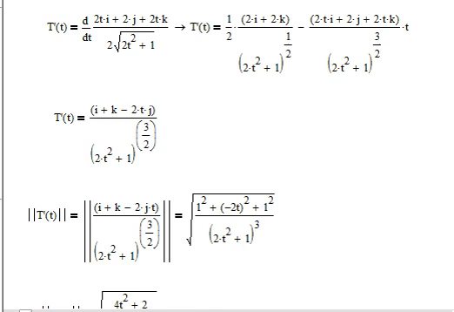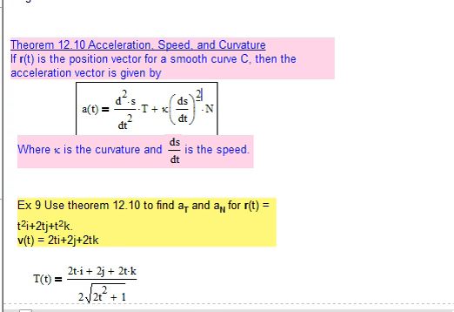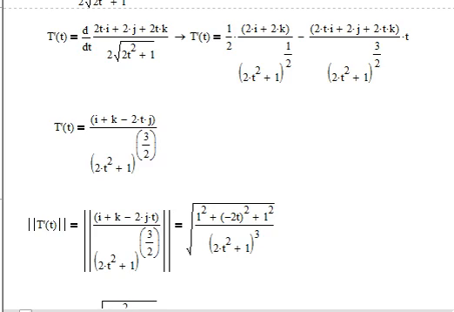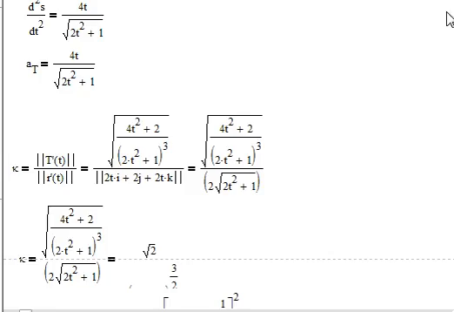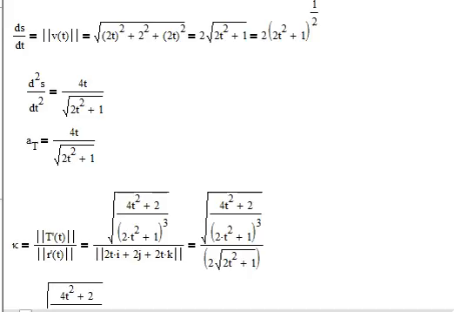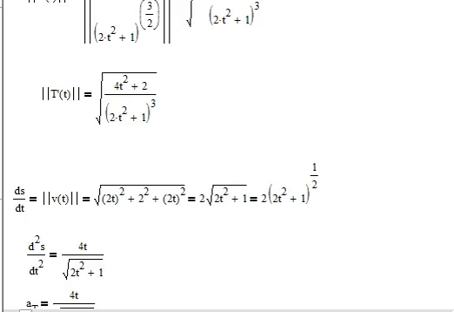And I guess for us to find the normal component, that's going to be the curvature times the square of that speed, which we already have, times the unit normal vector. So we need to find that part, and that means that the curvature is necessary. Well, that's the length of T prime of t over the length of r prime of t.